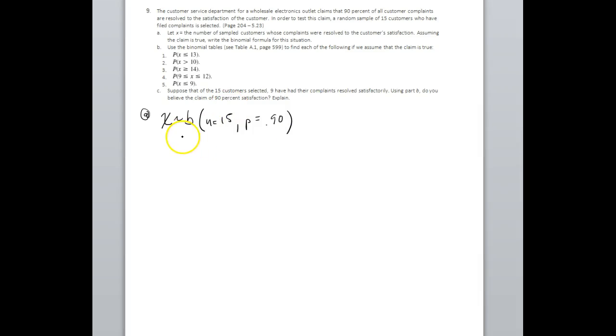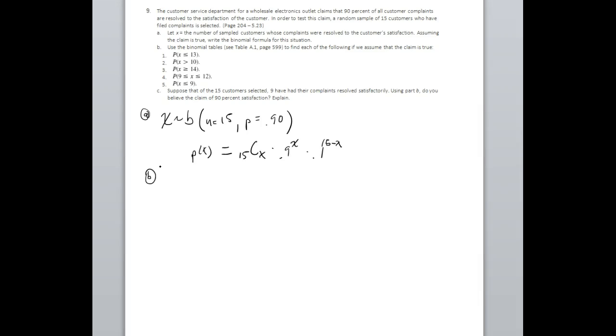And then furthermore we would just write out that function, so the P of X function, which is just going to be 15 choose X times 0.9 to the X times 0.1 to the 15 minus X. So that's A.